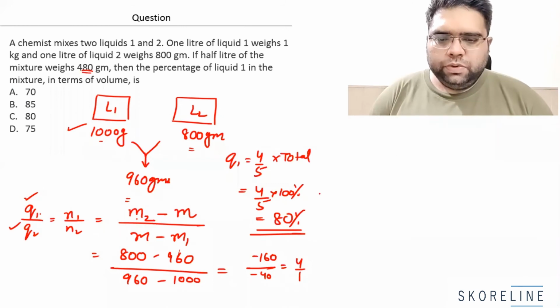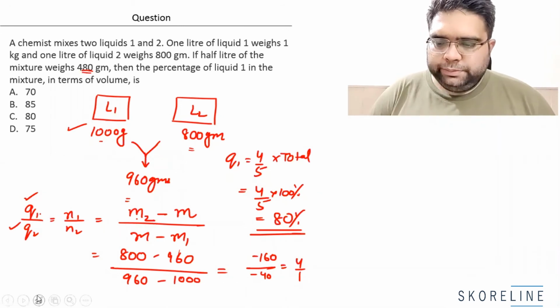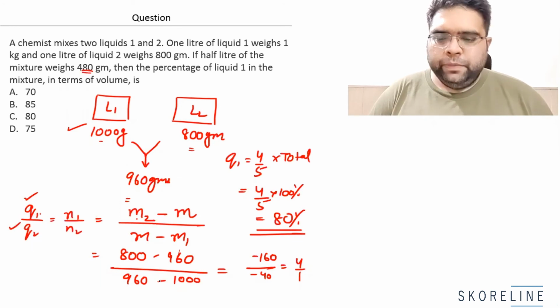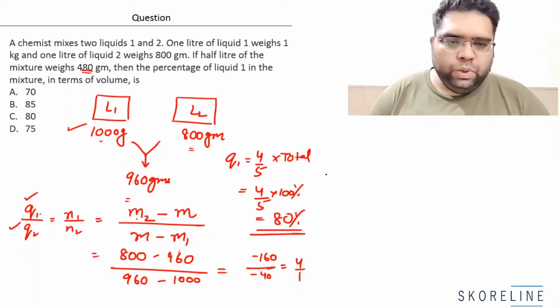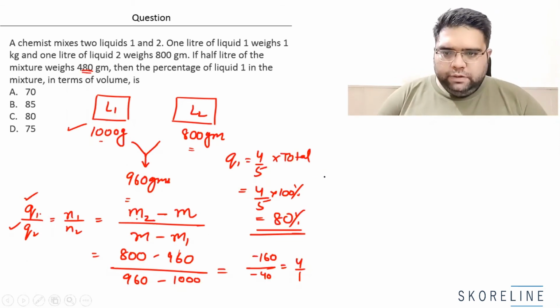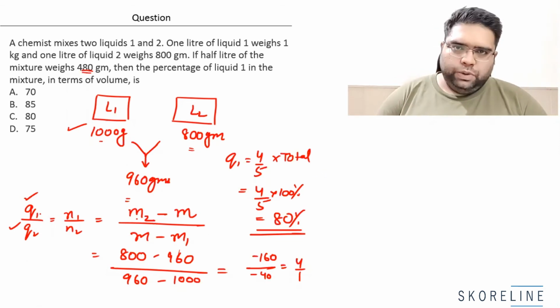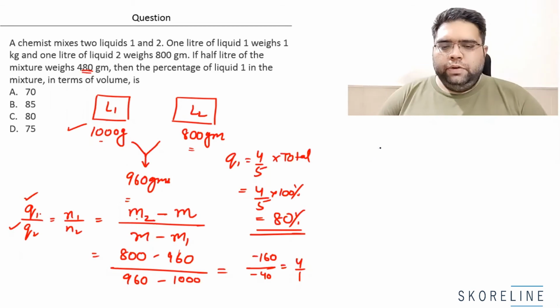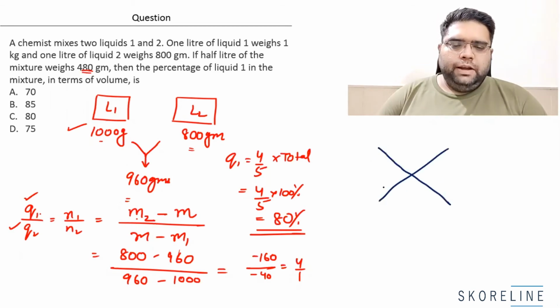Now let's solve this question using a shortcut. Let's understand a shortcut now. Okay, so you have two liquids which are mixed together in a certain ratio, and that ratio we need to calculate so that there is a final weight per liter of the final mixture. What we do in this shortcut is we make an X, right?